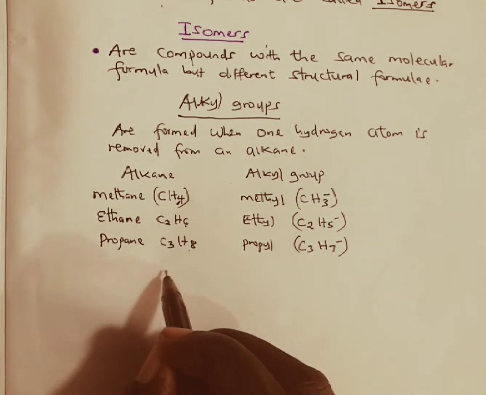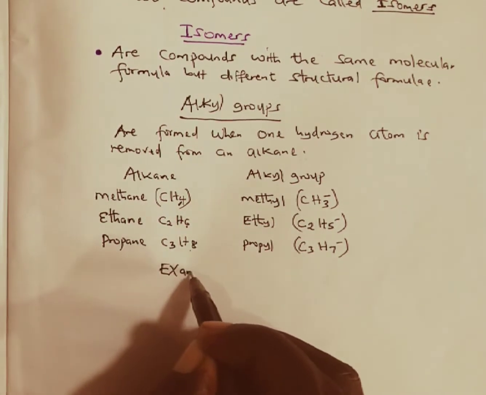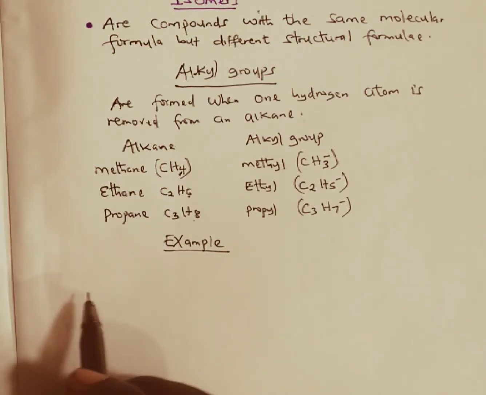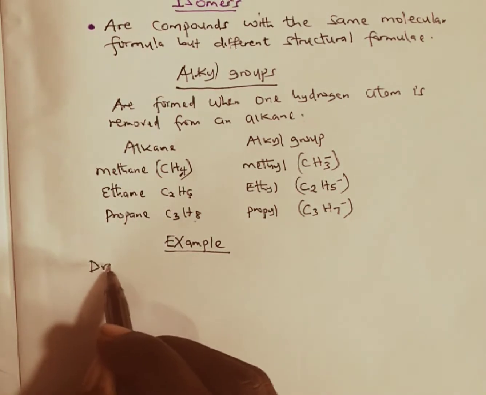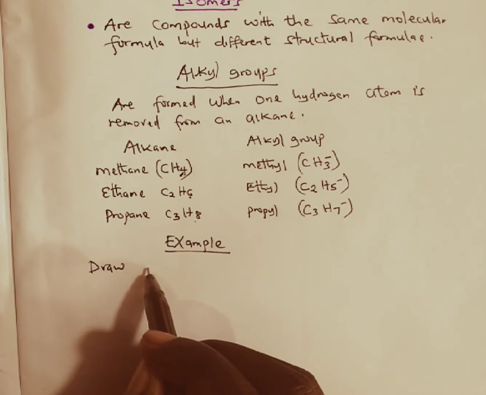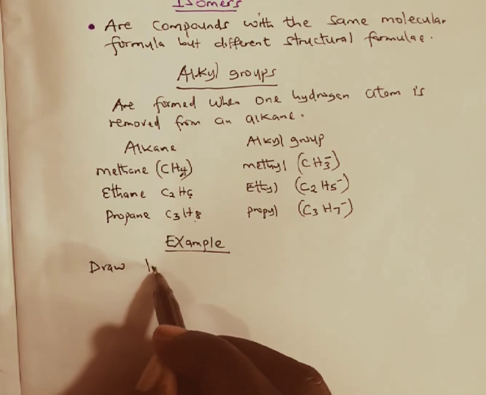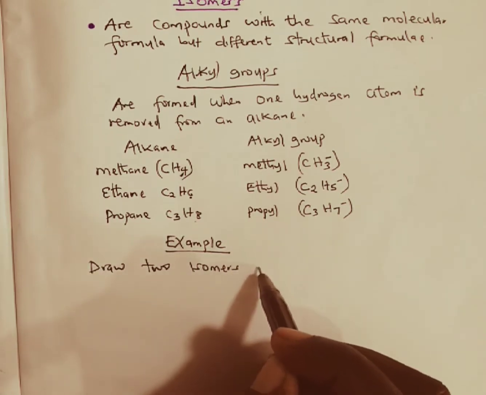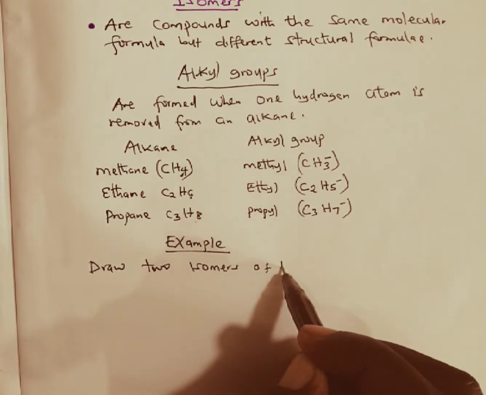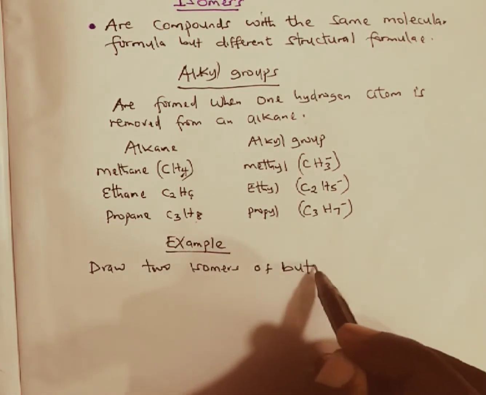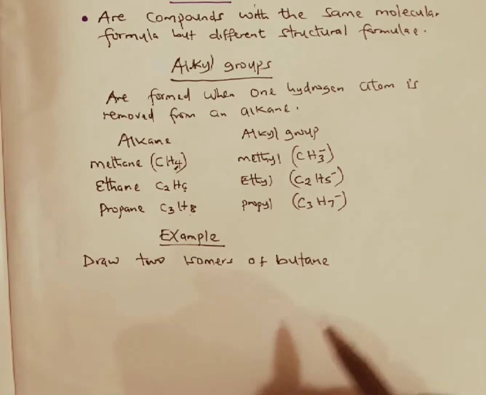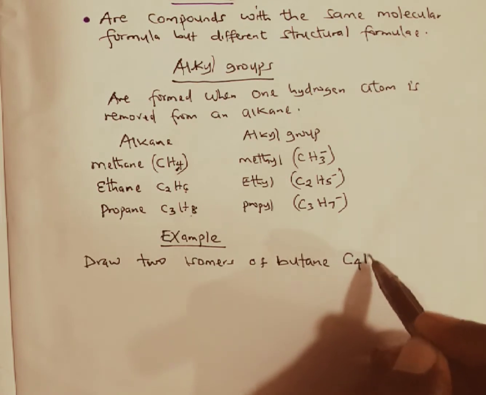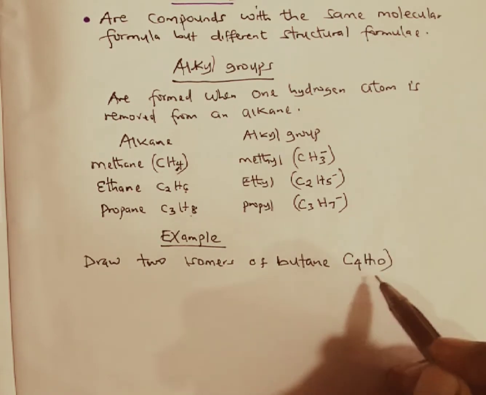For example, you can be told to draw two isomers of a compound like butane. Butane has a molecular formula of C4H10.